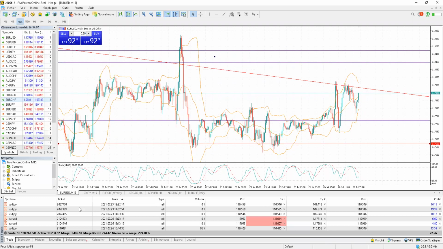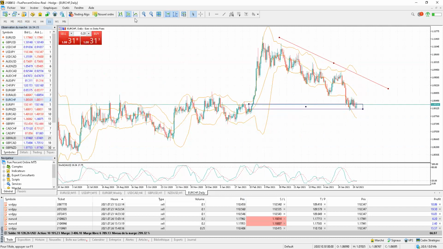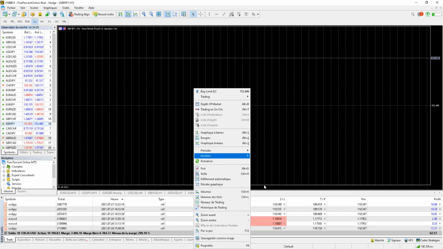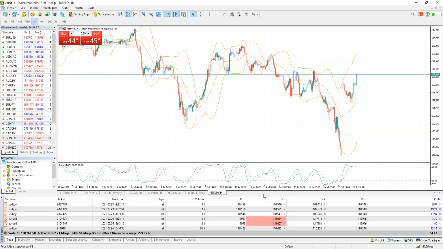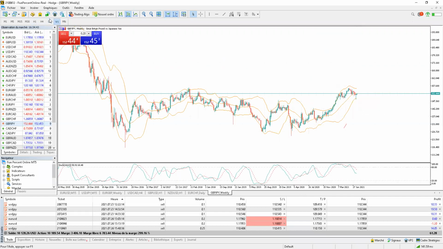Actually, markets are starting to move. GBPJPY. Okay, so we reached that level already.